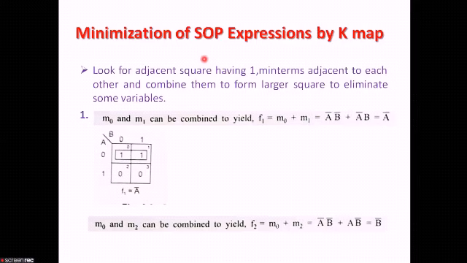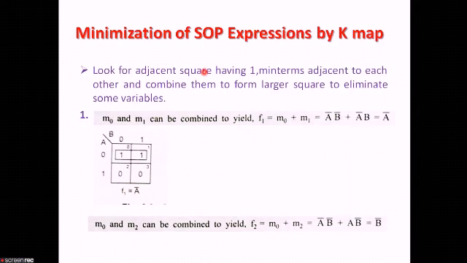You can consider any alphabet. Here we are considering A and B as the two variables. Now to minimize a Boolean expression in SOP form by using K-map, we have to look for the adjacent squares having 1.